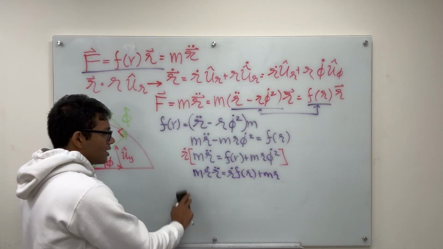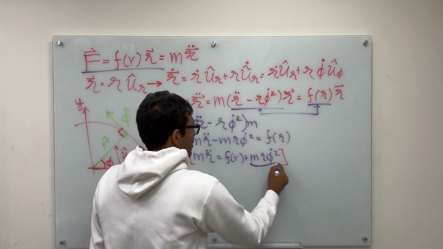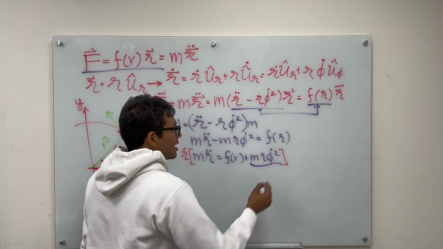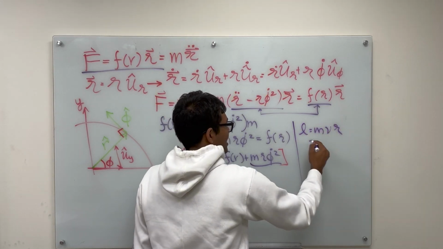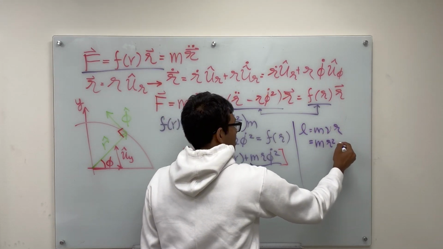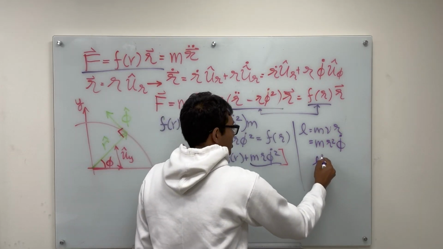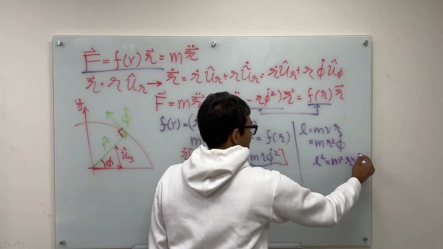Actually, before I do that, maybe I want to do one more thing. I want to express this m r phi dot squared term in terms of something I already know, something that's a constant, and that is the angular momentum. The angular momentum is m v r, or m r squared omega, which is phi dot. So if I square the angular momentum, then I get m squared r to the fourth phi dot squared.